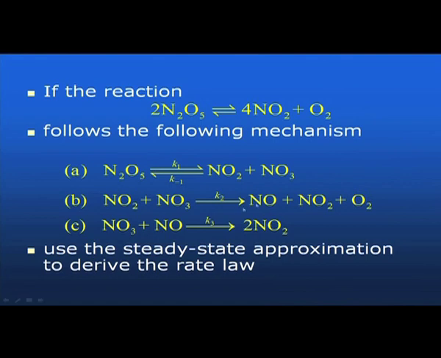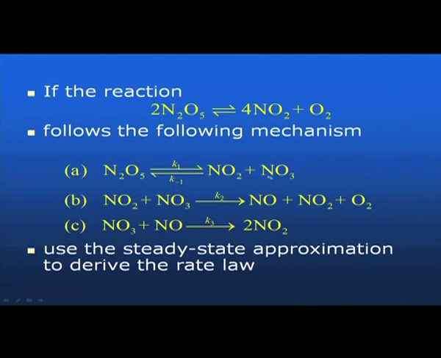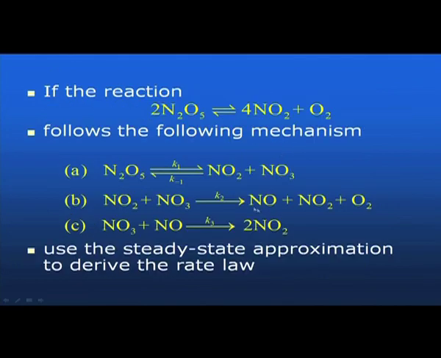So, you see that this is one species and maybe this is another species for which we can apply the steady state approximation. So, NO and NO3. We have to apply steady state approximation for NO and NO3 to derive the rate law. Steady state approximation is applied to species which are generally reactive.